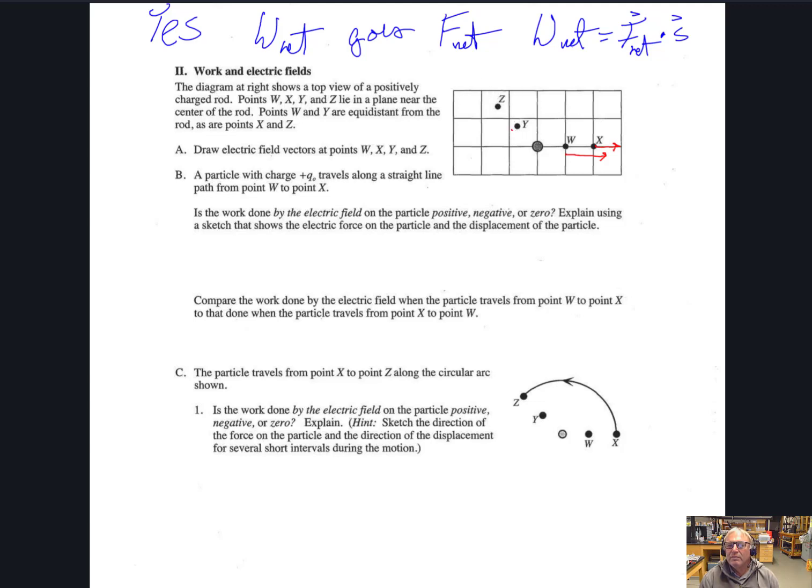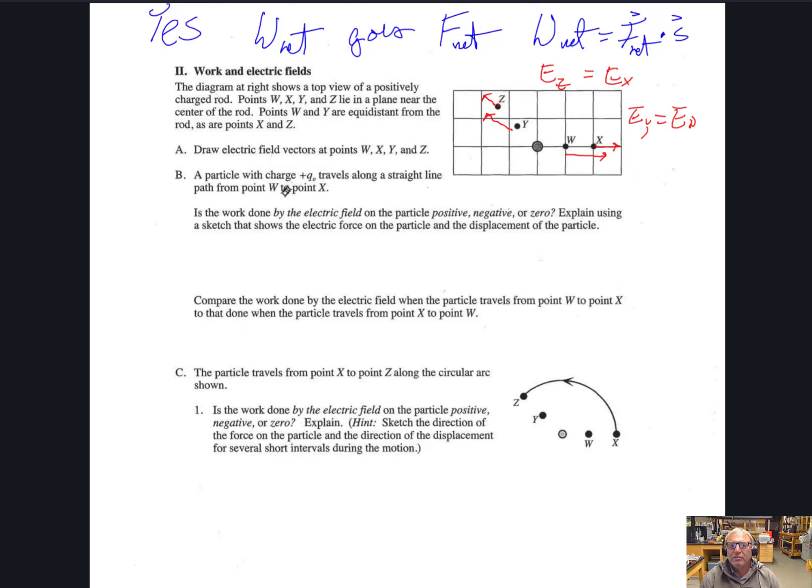I'll just draw them sort of off a little bit. So E_Z equals E_X, E_Y equals E_W.